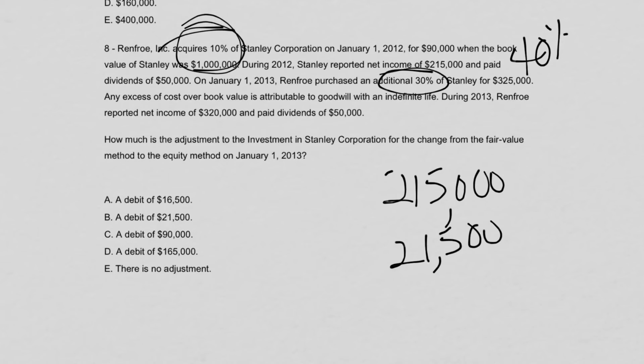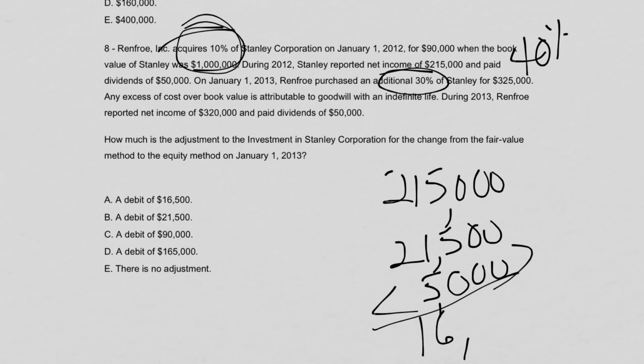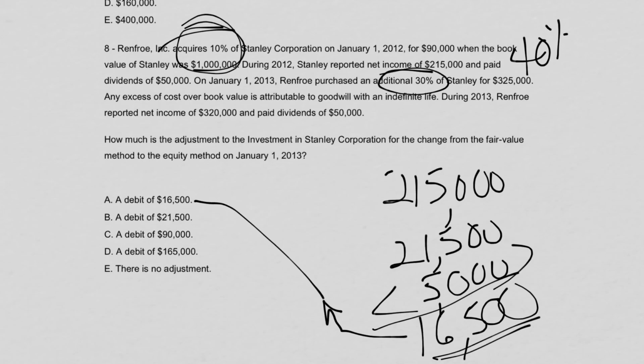Subtract the dividends paid at 10%, which was $50,000. 10% of that is 5,000. So the net adjustment to the investment account is 16,500, because that would be the retroactive amount, and that is answer A.